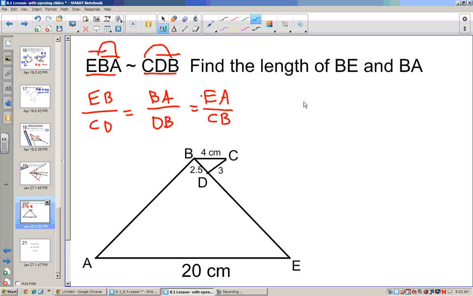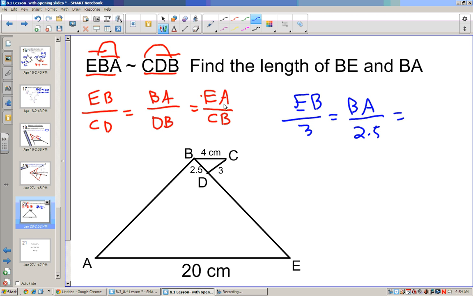Now, once I have the similarity statement written, I'll just fill in the values that I know. I don't know EB, so I'll just leave EB. But I know CD is 3. BA, I don't know. And that's over DB, which is 2.5.